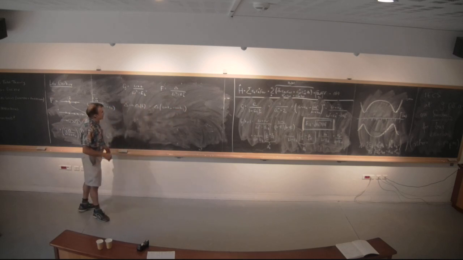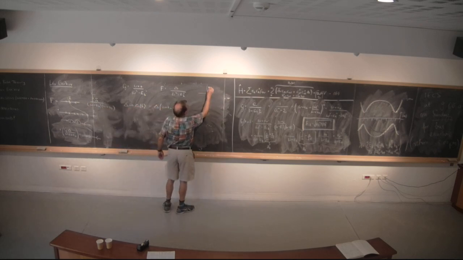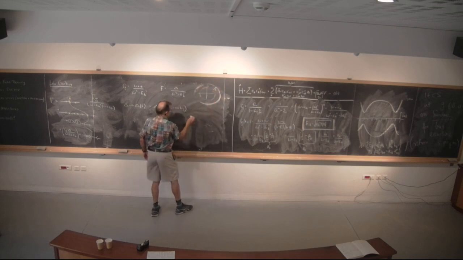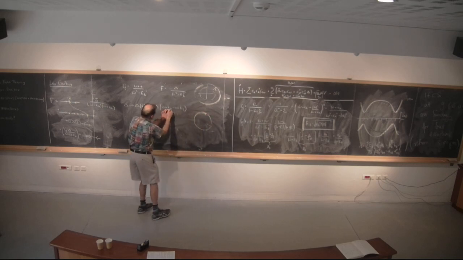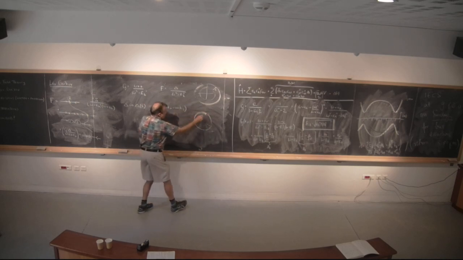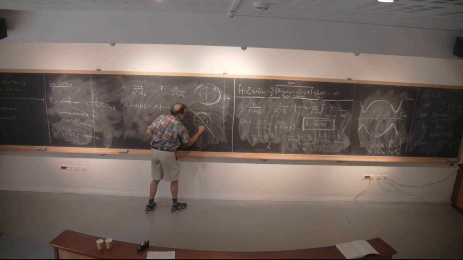So instead of having a situation where the gap all the way around the Fermi surface is finite, around the Fermi surface the gap vanishes when kx equals ky, or kx equals minus ky. And so the gap changes sign like this.